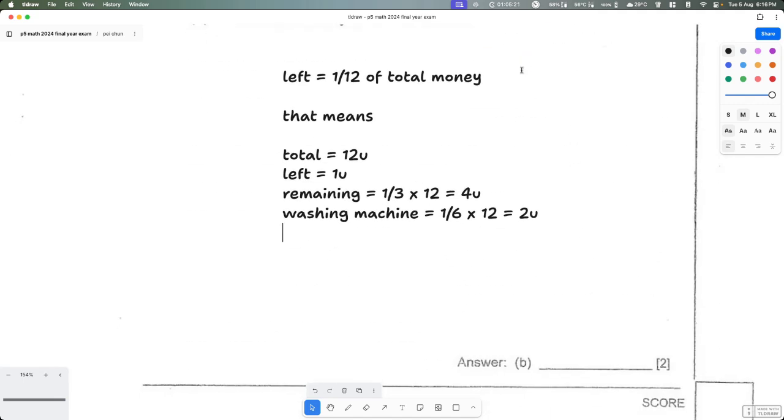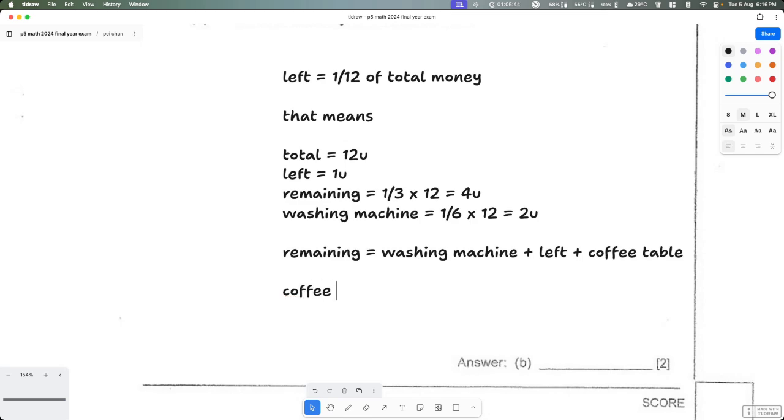Remaining is equal to washing machine plus left plus coffee table. So coffee table is equal to remaining minus washing machine minus left.